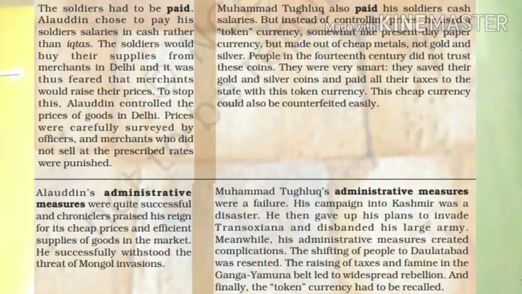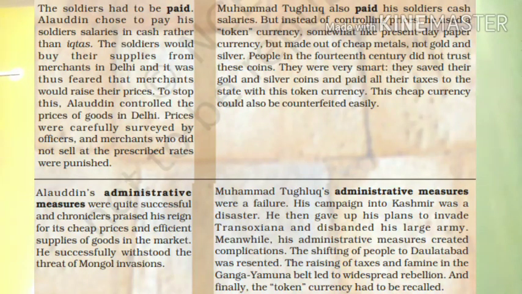To stop that, Alauddin fixed the rate of every single product on the market as a fixed price. So any merchant who did not sell at that fixed price would be punished.